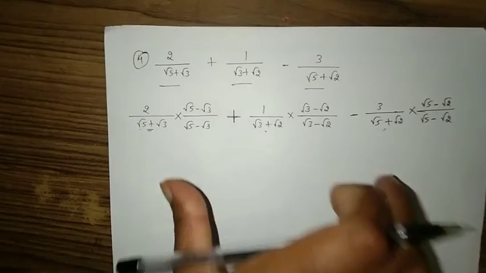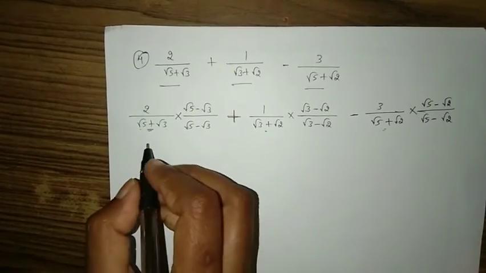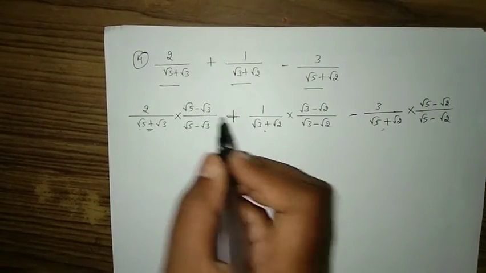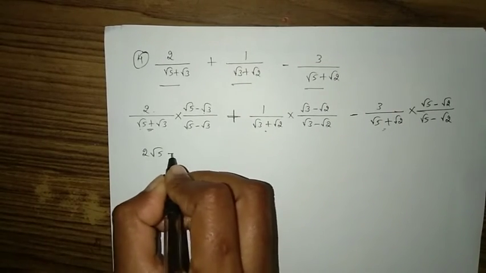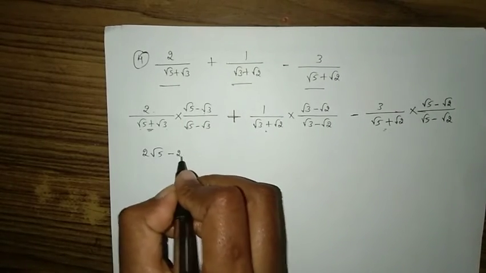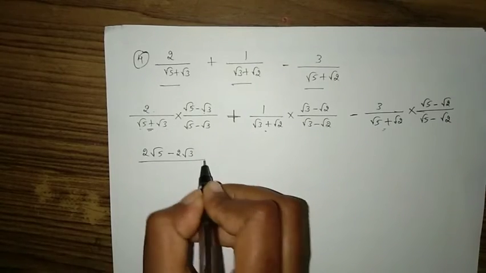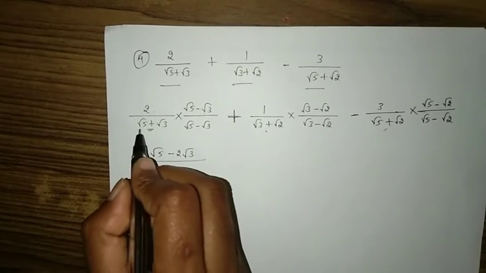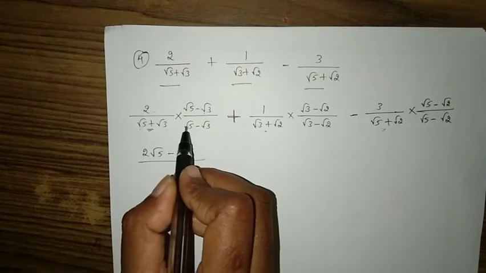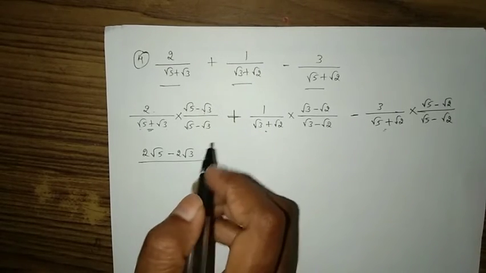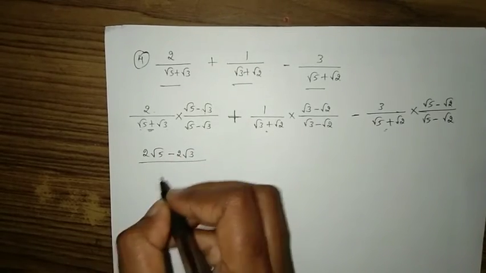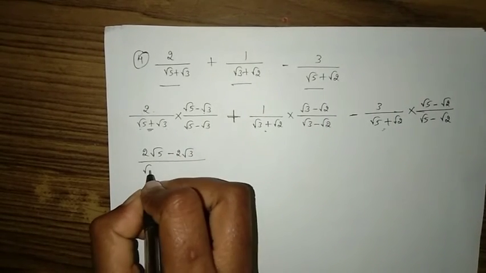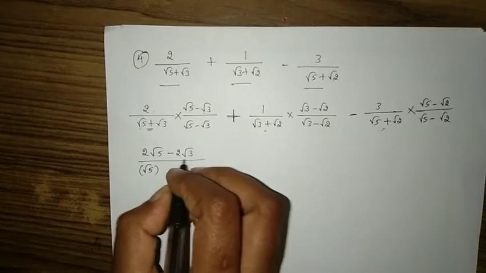So let's simplify these terms, okay? Just multiply this both, that is 2 into root 5 minus 2 into root 3. Good. So what it becomes? A plus b into a minus b becomes a square minus b square. So I will write this step for your understanding.